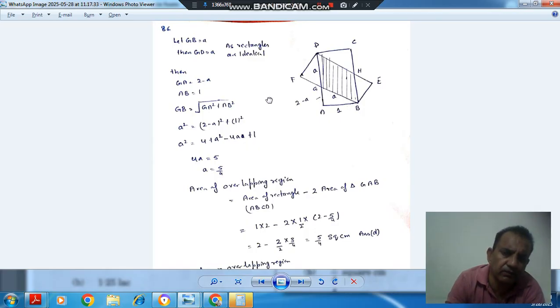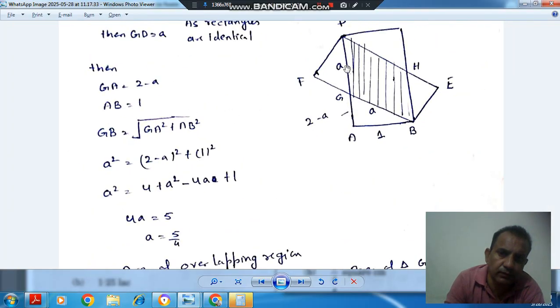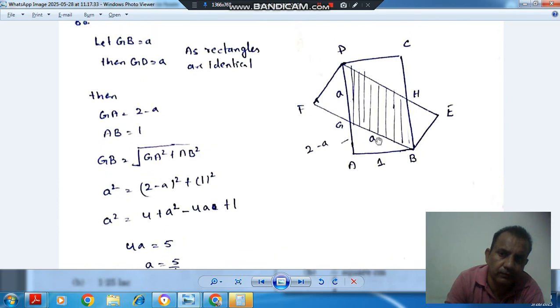Later analysis will make it clearer. Now GB is A, GD is A. So GA will be, because the total is 2, 2 minus A, and AB is 1. Now in this triangle GAB, we can apply the Pythagoras theorem, because this angle is 90 degrees, since ABCD is a rectangle.